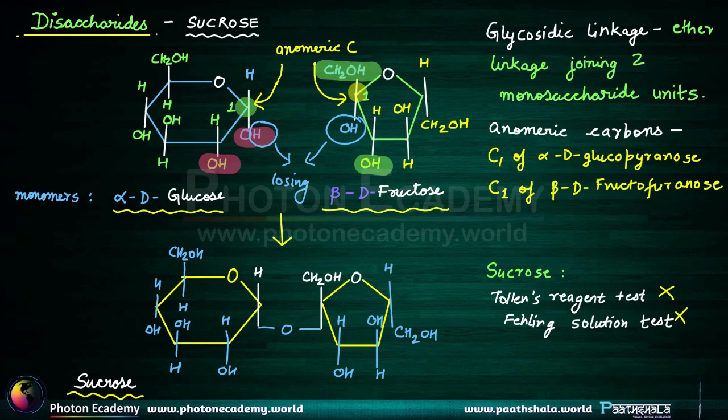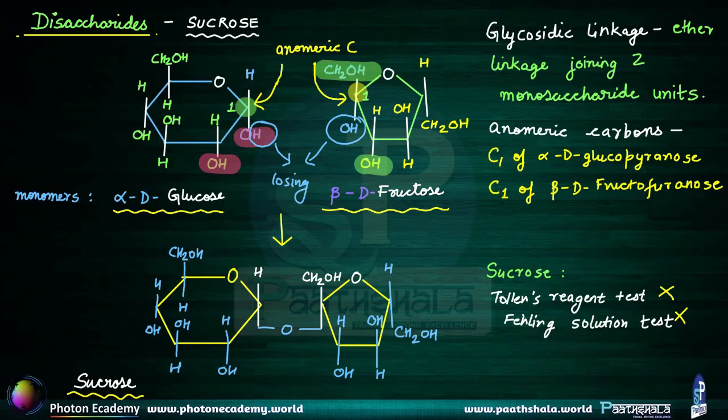So sucrose will not give the Tollens reagent test as well as the Fehling solution test because it does not contain any anomeric carbon, does not contain any group which can convert into an aldehyde to give us these respective tests.